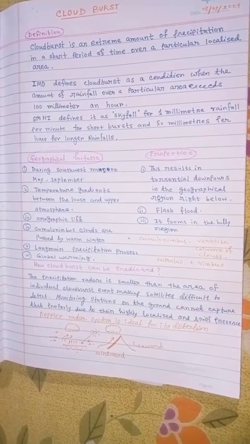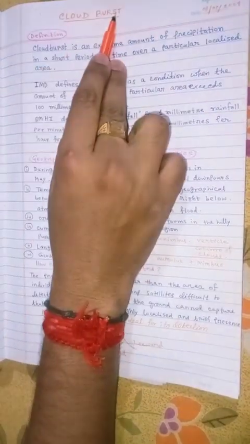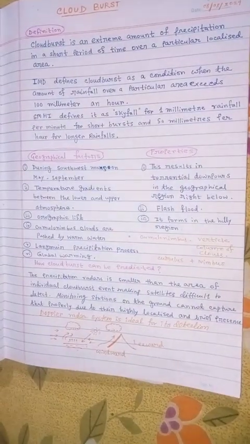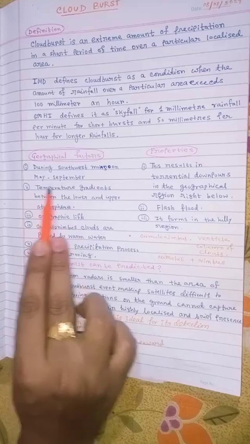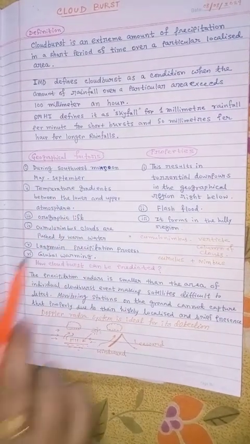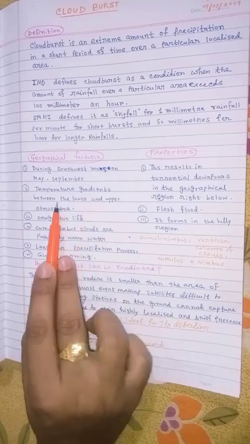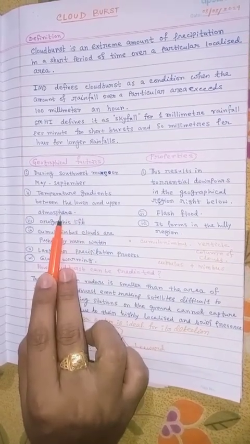Now we'll discuss the geographical factors behind the formation of cloudbursts. Well, it is generally seen during the southwest monsoon, late May to early September period in India. Next factor is the temperature gradients between the lower and upper atmosphere, especially in the troposphere region.